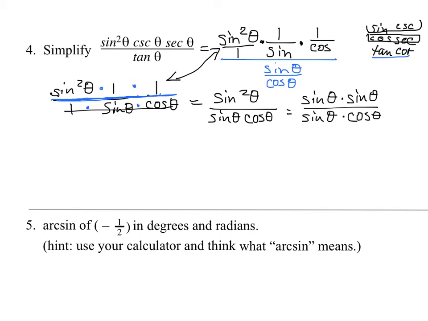So I've now successfully rewritten the entire numerator, and I notice that I can factor out from both. Sine theta over sine theta becomes, that's the same thing as 1 over 1, or just 1. And I'm left with sine theta in the numerator, and then in the denominator, cosine theta. Okay, that takes care of the numerator. And put a little box around it so I don't forget.